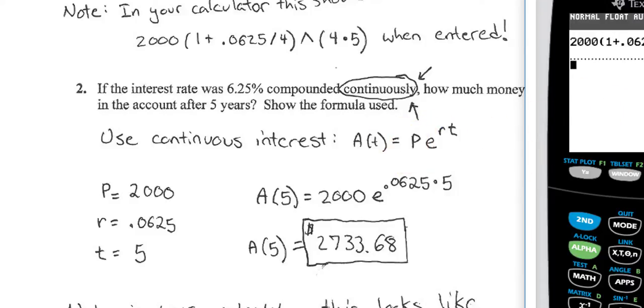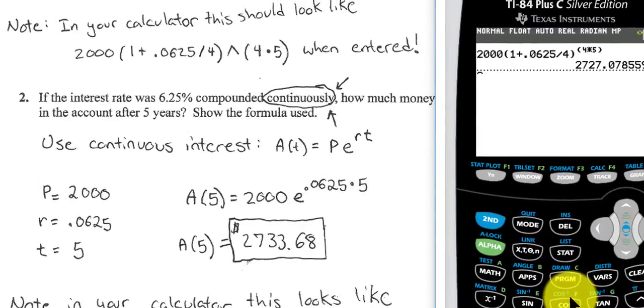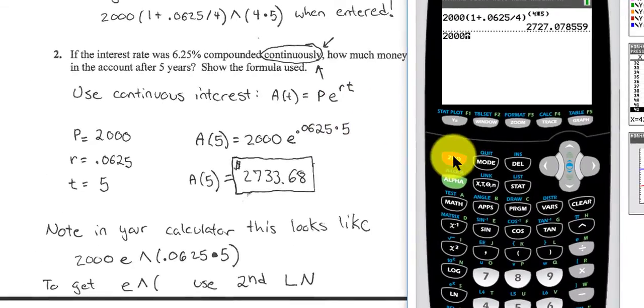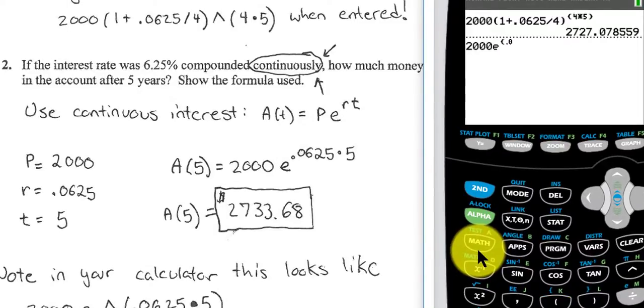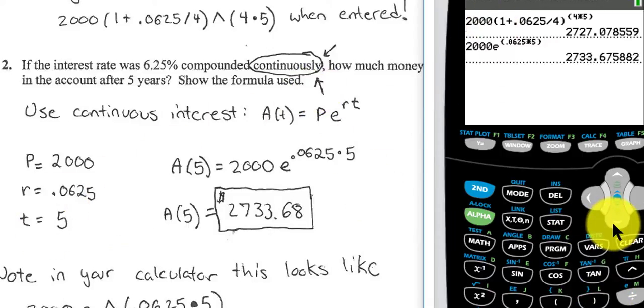So to use this formula, again, it's still the 2,000, but now this e to the rt, if you press the second key and press the LN down here, there's my e raised to the, and I'm going to use parentheses. My interest rate was 0.0625 times 5 years, right? This is going to be compounded continuously for 5 years. I press enter, and you notice our answers are similar, right?